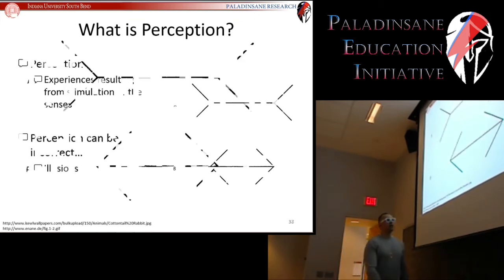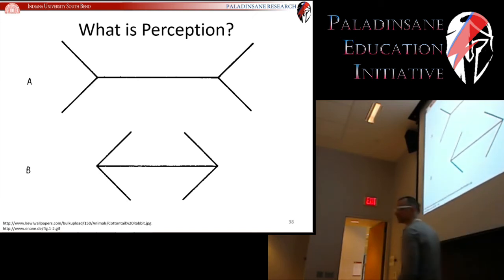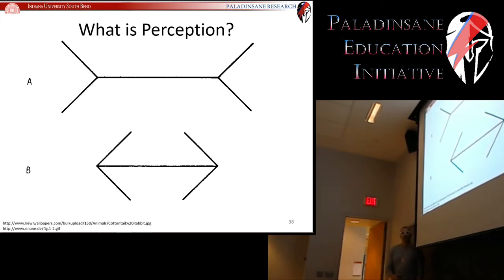So we'll zoom in on it, and we'll do a show of hands. How many people perceive that this line here in the A section is longer than this line here in the B section? So how many people perceive A is longer than B? How many people perceive B is longer than A?